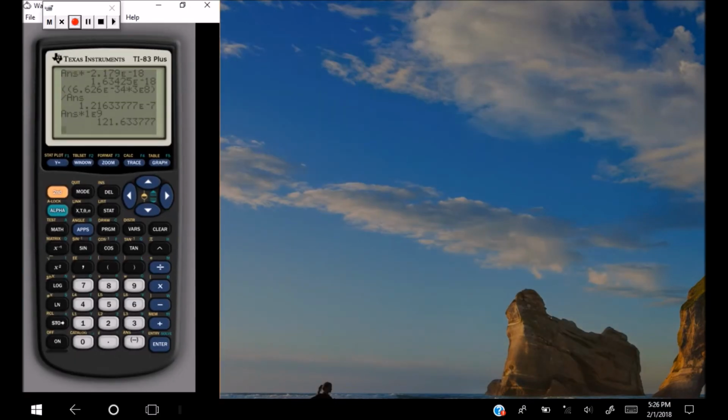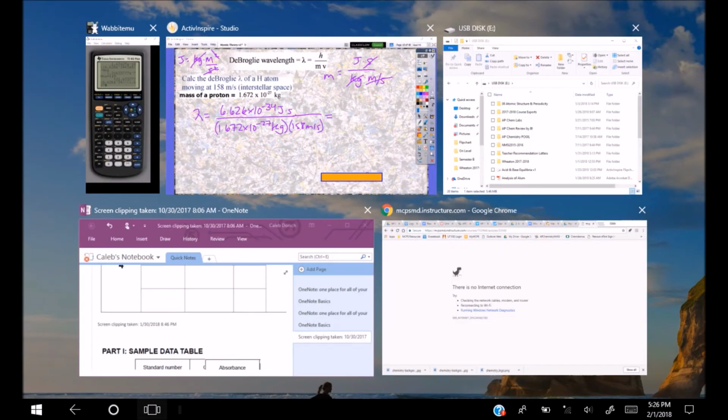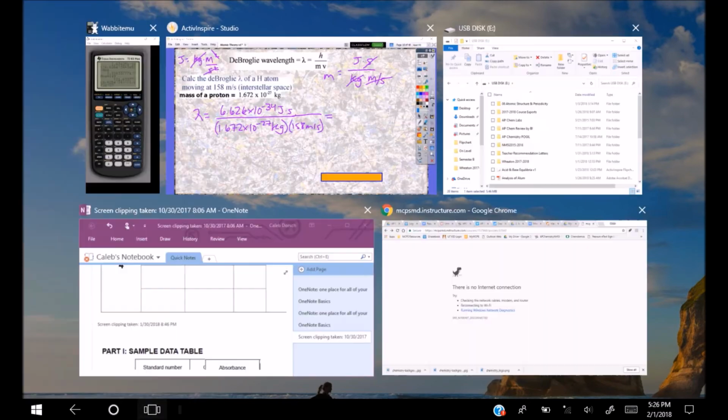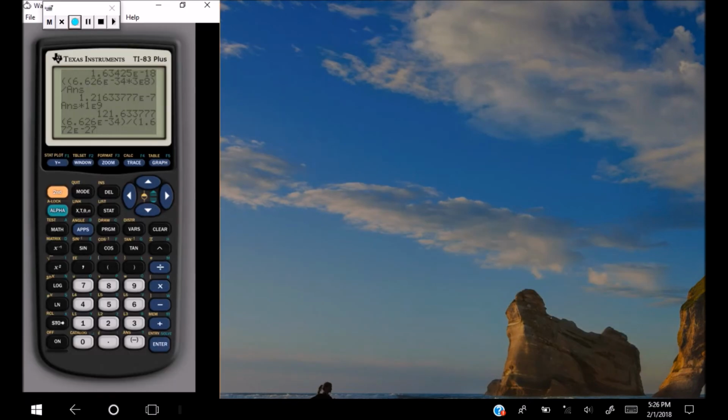So we've got 6.626 e to the negative 34th divided by, was it 1.627? Is that what they said? 1.672, I'm sorry, 1.672 e to the negative 27th. Yeah. And then that is times 158.